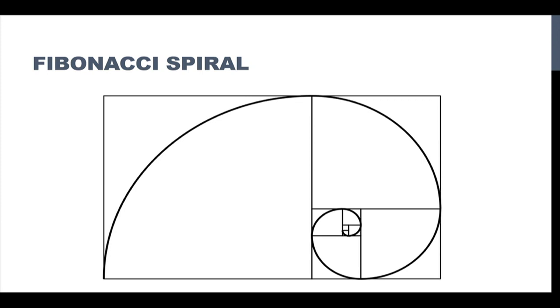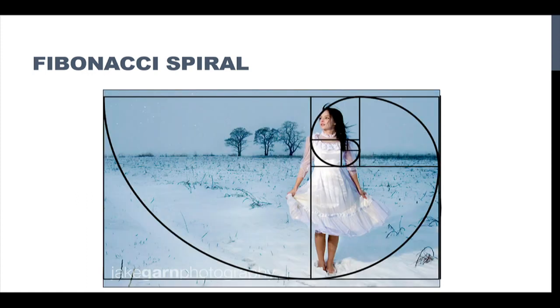You can look up more about this online if you'd like much greater detail, but for our purposes, all that's worth being aware of is that this can relate to visual imagery, to the level of detail that we might see in an image. This is an example of a dynamically composed image that is using that Fibonacci spiral with a lot of detail in the centre, moving out to much less detail off to the side.